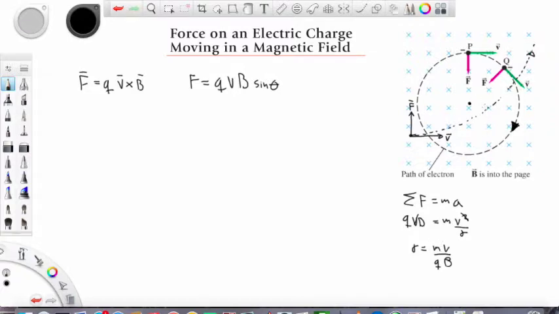This technique can be used for sorting different elements or particles that have electric charge. You can sort them based on their mass, velocity, or charge, or some combination of these.